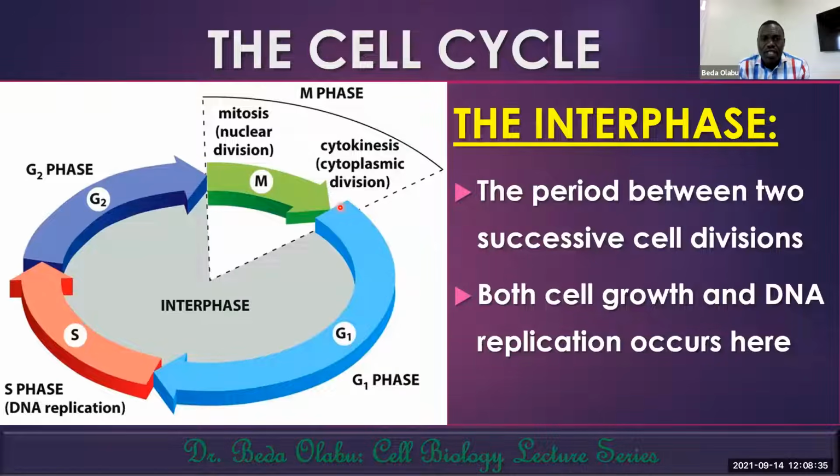Or let's say the cell that needs to divide has 200 DNAs, and I'm taking this literally so that we are able to understand what I want to put across. If this cell has 200 DNAs and this cell divides, we would expect the daughter cells then to have 100 each.